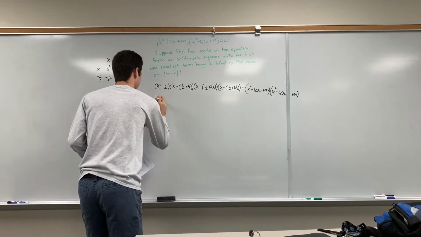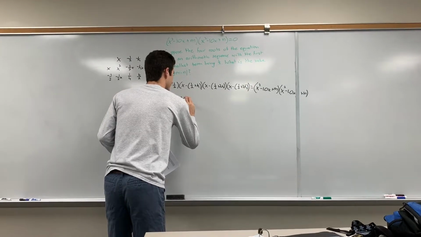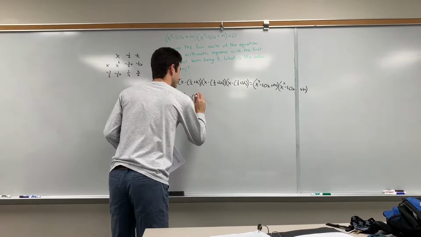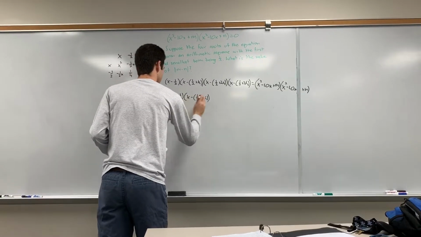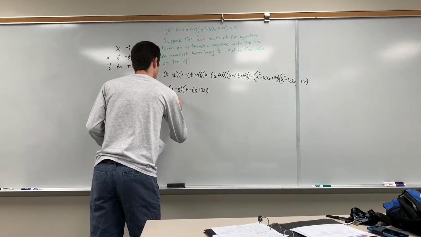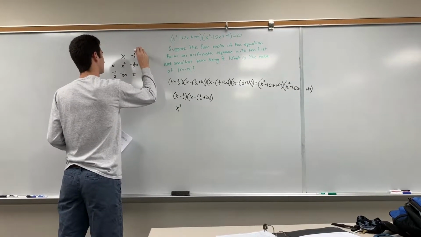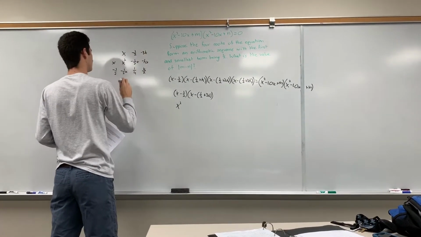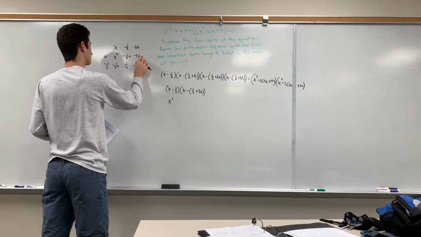So let's do that. x minus 1/2 times x minus 1/2 plus 3k. So that's going to be x squared. Change this to minus 3k. And this is minus 3kx.